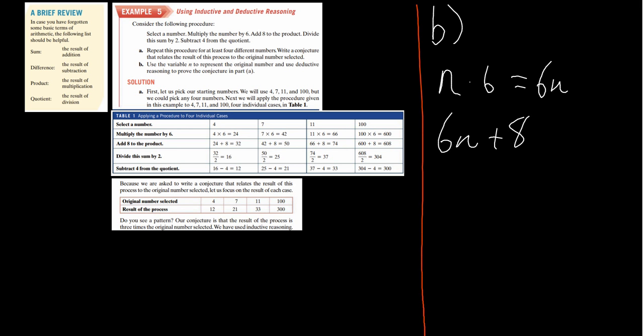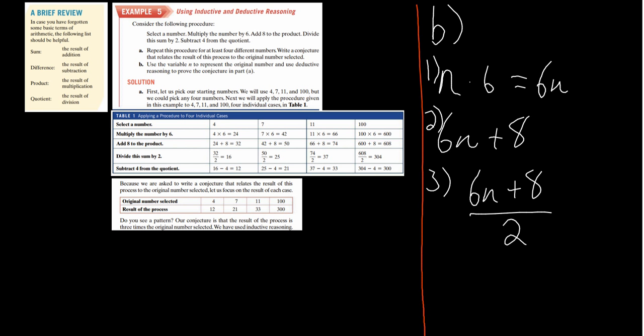And then we divide this sum by 2. So let's denote the first step, second step, and the third step is 6n plus 8 divided by 2.